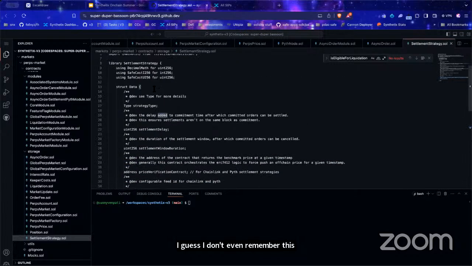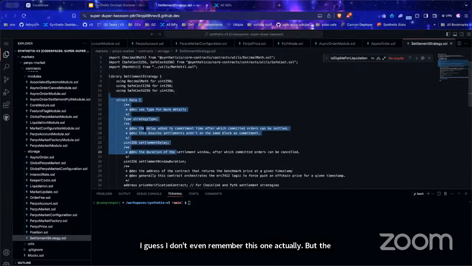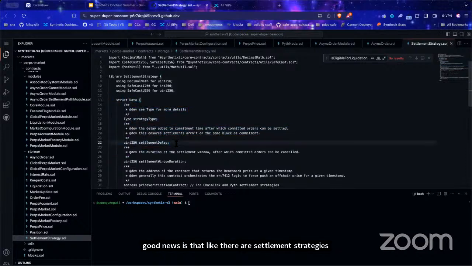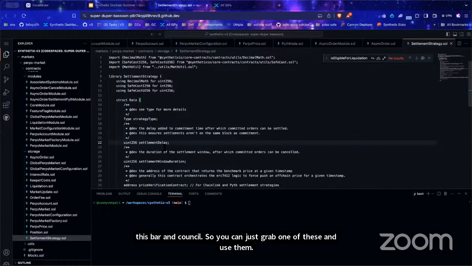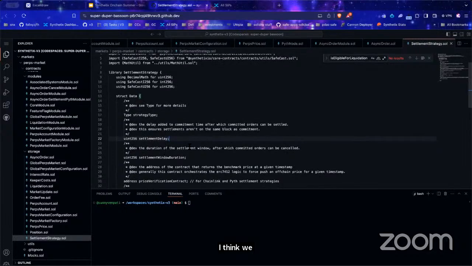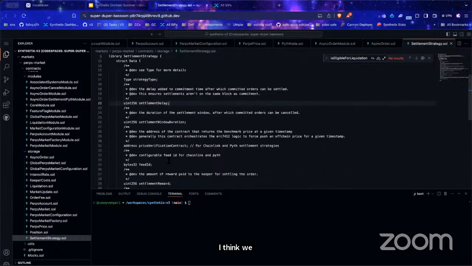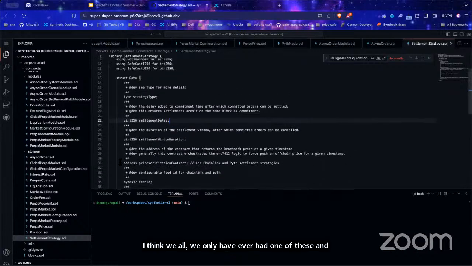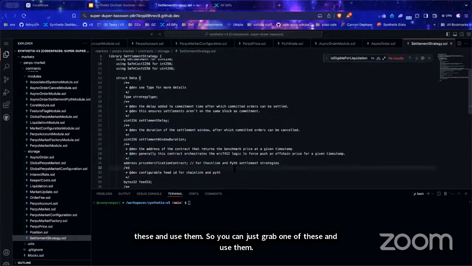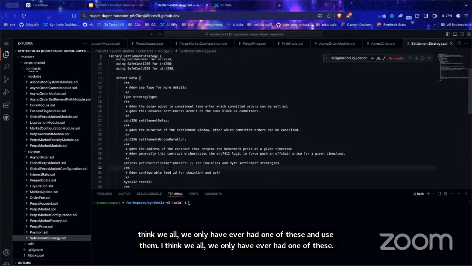But the good news is that there are settlement strategies already. These are configured by the council, the Spartan Council, so you can just grab one of these and use them. I think we only have ever had one of these. But the reason that you could potentially have multiple ones is if you wanted to settle using a Chainlink strategy versus a Pyth one.